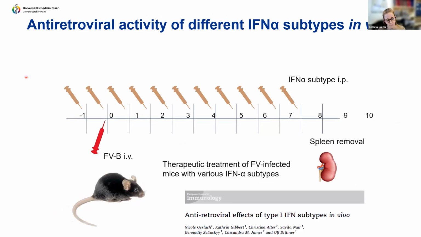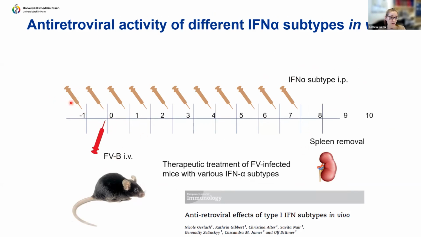So what we did in the first studies was start with an interferon treatment with these different subtypes. Here we use the mouse subtypes, and this is my focus in the lab. We are producing them in the lab, and then we are testing them in a lot of different models. We started here one day prior to infection, but it's also working when we start later.